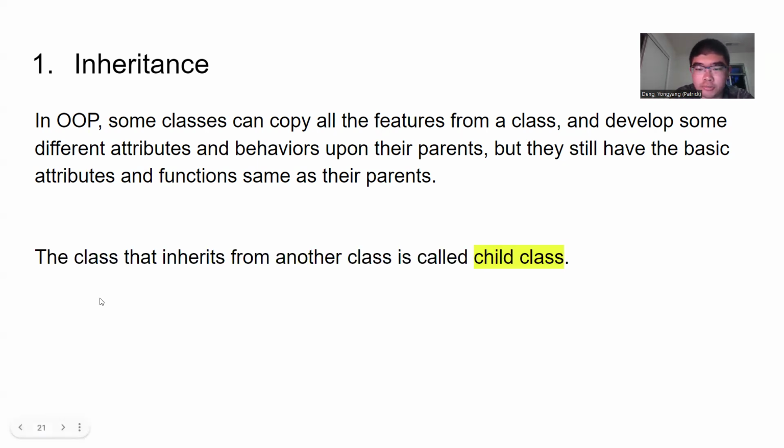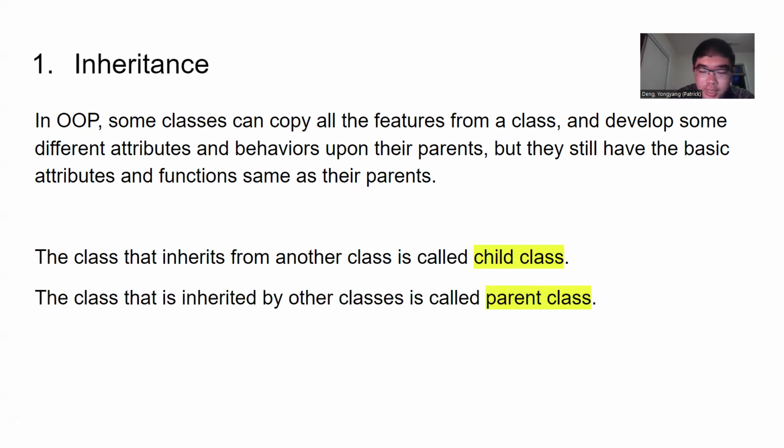The class that inherits from another class is called the child class, like copying some properties from another class. And the class being copied is called the parent class. So it's more like a parent frame and a child frame, and you have something in the parent frame, and you also have something in the child frame. So it's basically a relationship formulated like this.